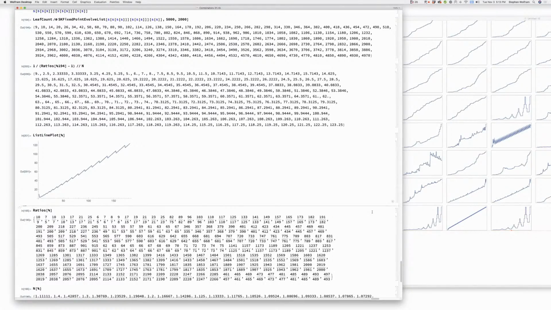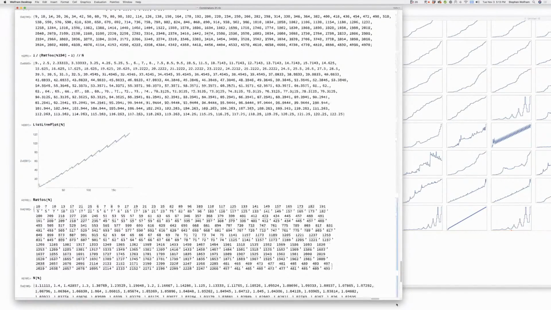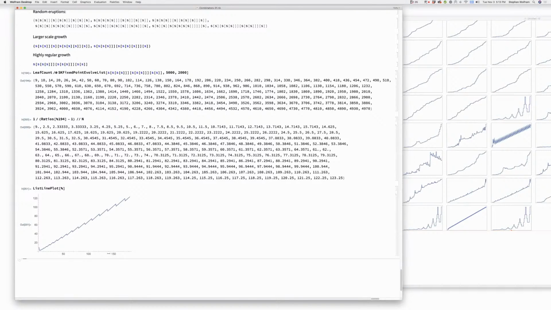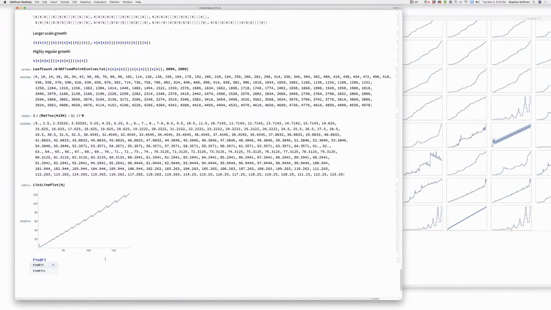So that's telling us in this particular case, let's go ahead and fit that. A plus bx. Okay, A is 0.3.